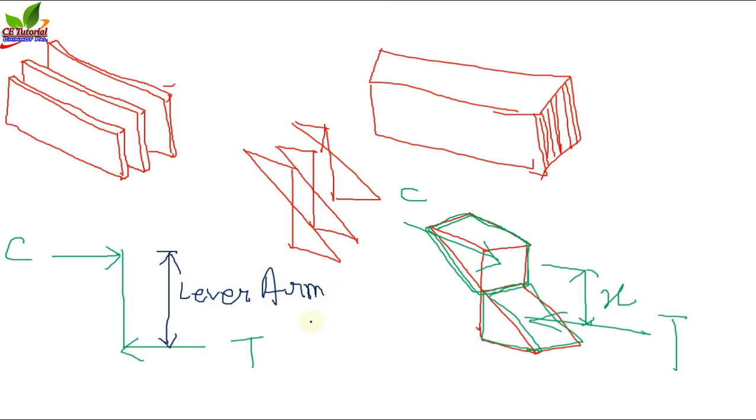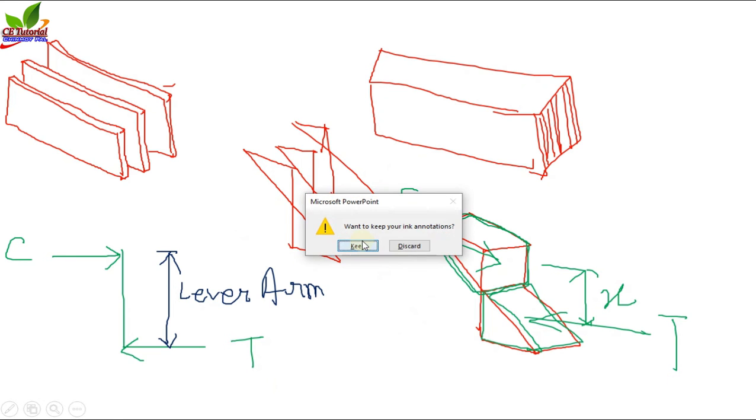Okay, next day we shall discuss how we can calculate the total volume of this compressive stress block, and how we can calculate total volume of this tensile stress block, and the working stress method will start from the next day.